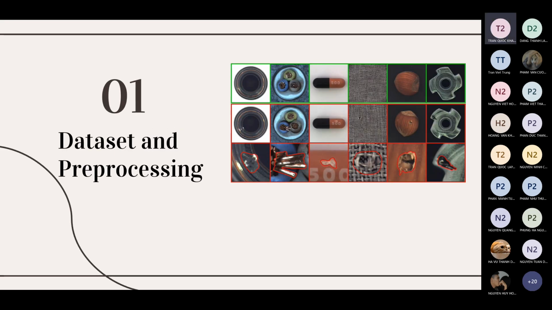Okay, so let's look at the data set first. You can see in the picture here is the illustration of our data set, which contains industrial product images. The first row is non-defective products, the second row is the defective products, and the last row is the image of the part which is defective.